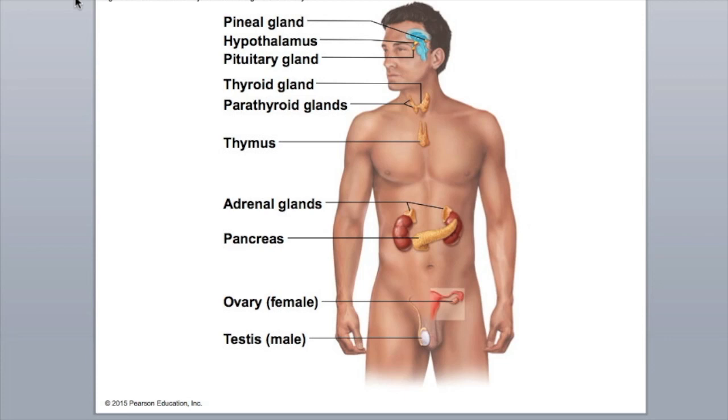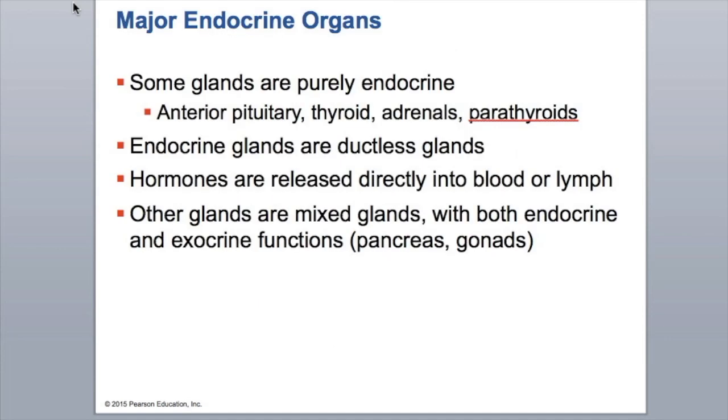Your pineal gland, hypothalamus, and pituitary glands are all located in your brain. Your thyroid and parathyroids and your thymus are throat and chest. Adrenals live right above the kidney, and your pancreas is a digestive organ as well as an endocrine organ. And then obviously your reproductive organs.